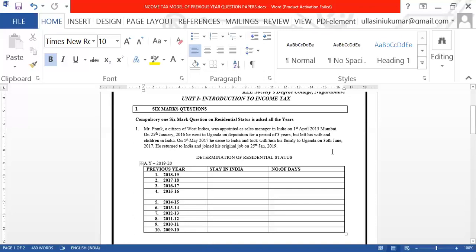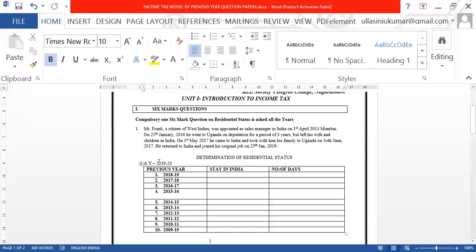So once he left on 30th June 2017, he came back to India on 25th January 2019, and then assuming he continued his stay. This problem by default says that the assessment year will be 2019-20. So we'll begin with determination of residential status.